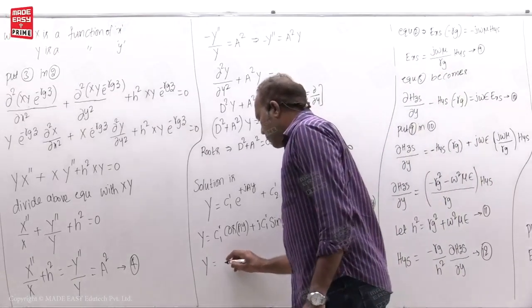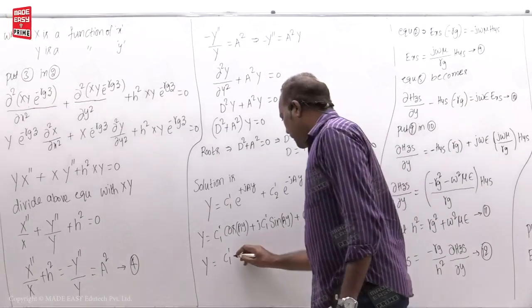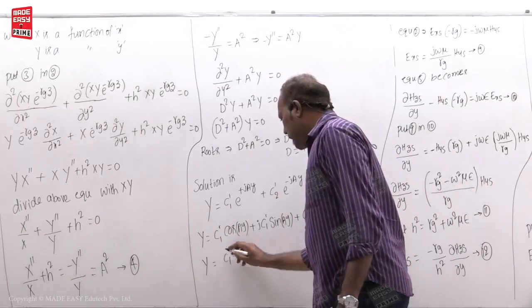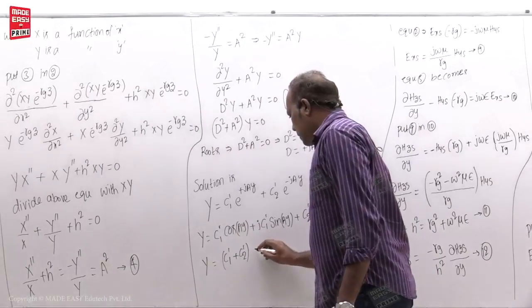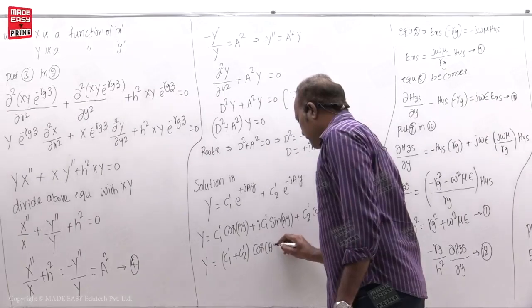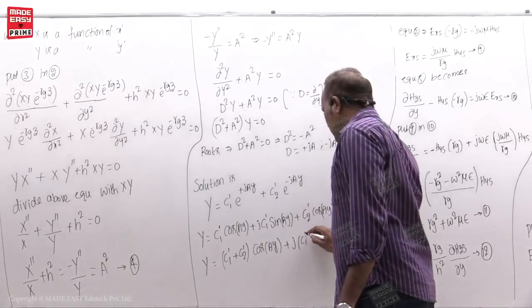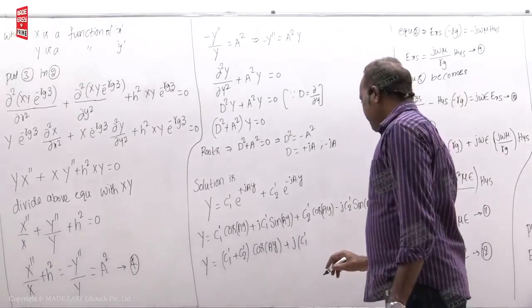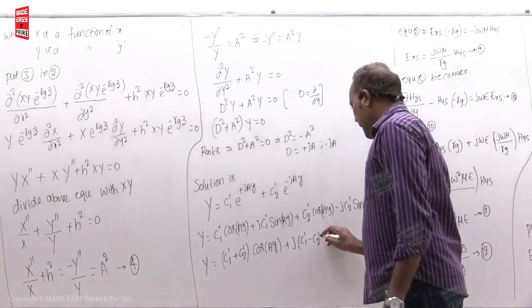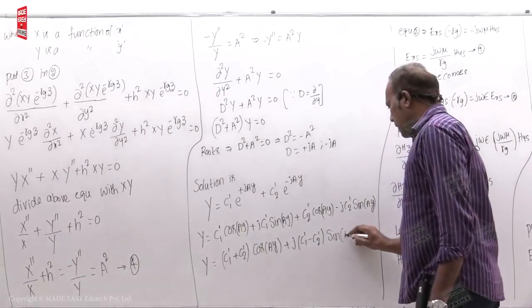Now Y is equal to (c1 dash plus c2 dash) into cos ay, next (j into (c1 dash minus c2 dash)) into sin ay.